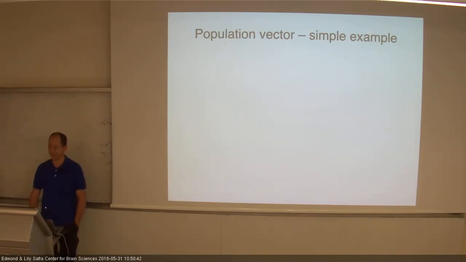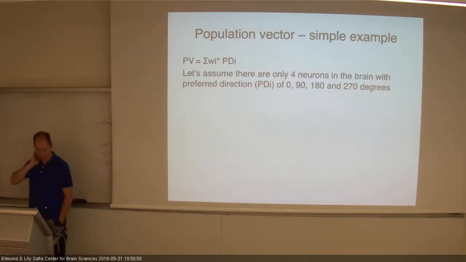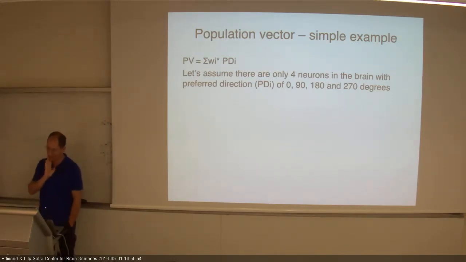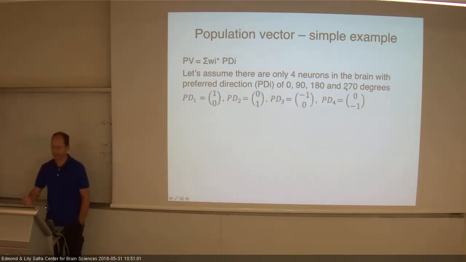So that's the vector. Maybe we have time for just a very simple example of how this works. This is not as complex as neural networks 1 and 2, but still a simple example. So this is the equation. Now imagine you have only 4 neurons in your brain that have 4 different preferred directions, 0, 90, 180, and 270 degrees. And this is a vector representation of the 4 different directions.